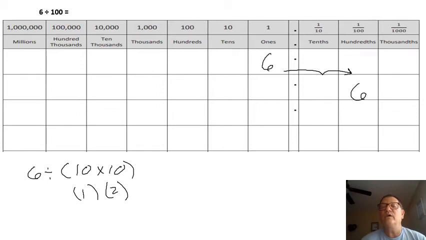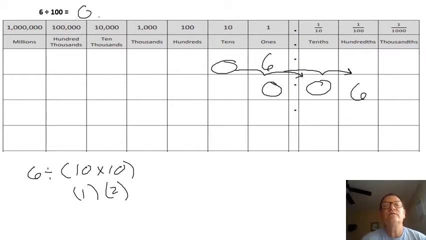Now I've got a hole here, but I really don't have a hole because I have imaginary zeros going out to the left, and imaginary zeros going out to the right. So this 0 actually shifts 2 place values. And since it is a decimal fraction less than 1, it's good practice to put a 0 in front of it. So now we know 6 divided by 100 is 6/100.